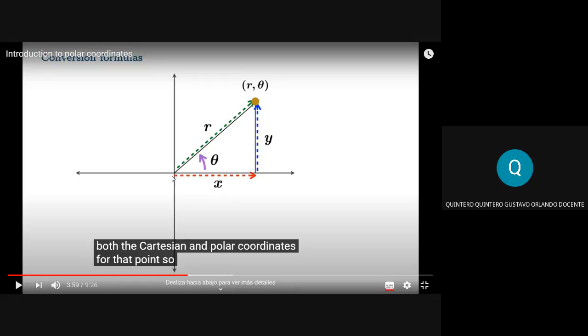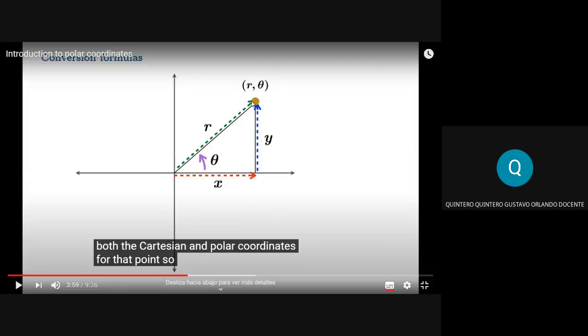You have the rectangular coordinates, right? The measurement of x on the x-axis, and then the measurement of y on the y-axis. These are the rectangular coordinates of this point. This point has coordinates x, y. But also in this drawing, we can see there is an elevation for the angle theta and also a distance from the origin that we call r.